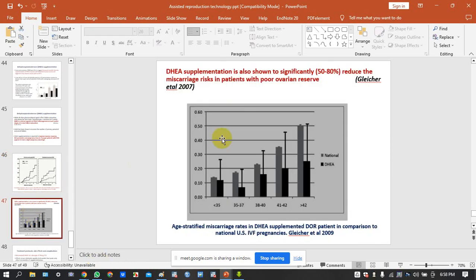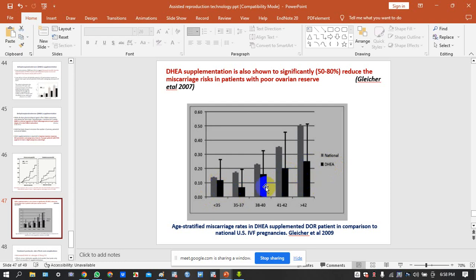So what happens again is that for the luteal phase support, we look at age-stratified miscarriage rates in DHEA support. Women who have been given this drug DHEA will have a lower rate of what? Miscarriage. And the rate of miscarriage increases with age.